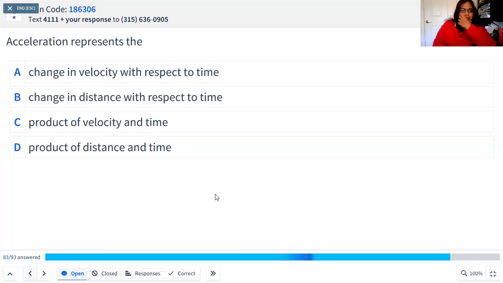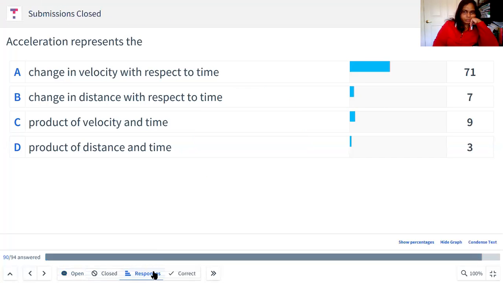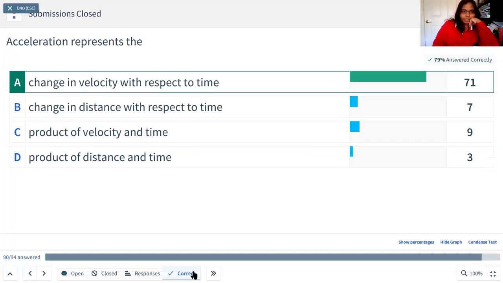All right, so I'll stop counting your responses. Okay, let's look at your answers. Yeah, that's right. So acceleration means changing velocity with respect to the time. The velocity needs to change to get an acceleration, right?